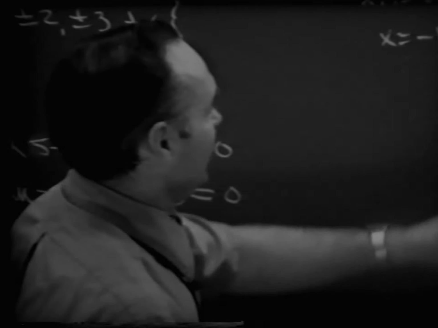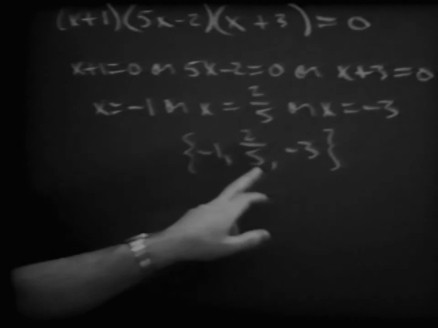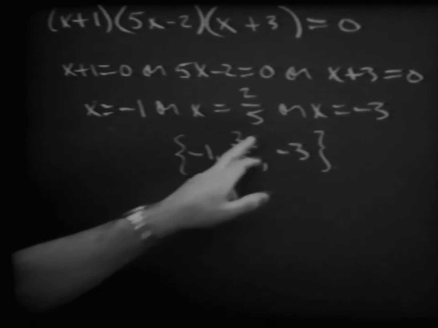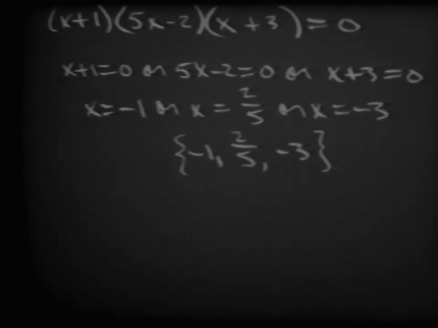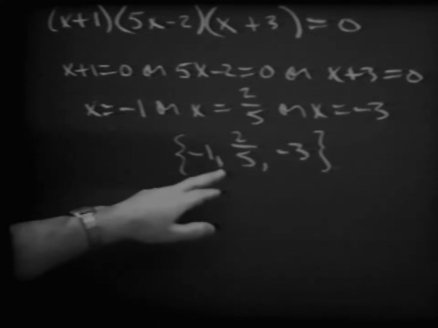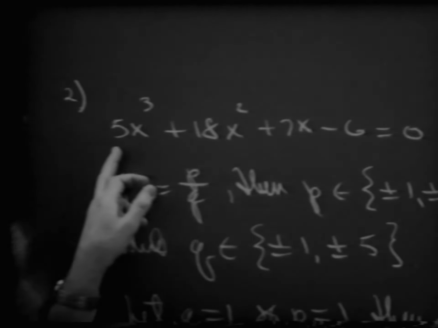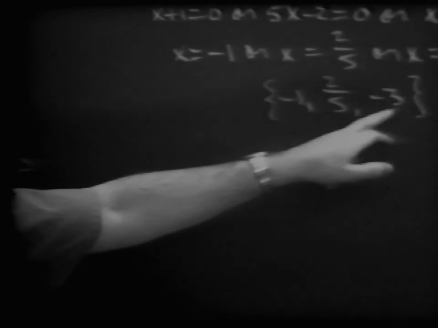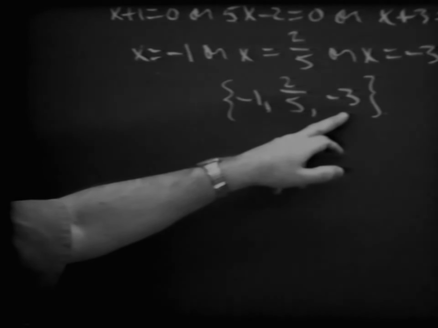Again, notice that, say, you're looking at 2/5. It has the pattern p over q, where 2 is a factor of negative 6, and 5, the denominator, is a factor of 5, okay? And similarly, negative 1 and negative 3 will also satisfy that theorem.